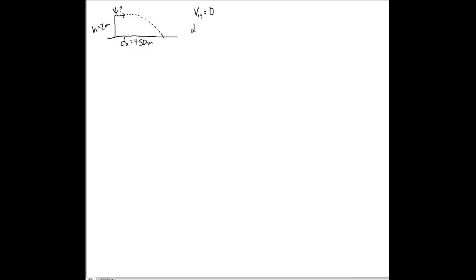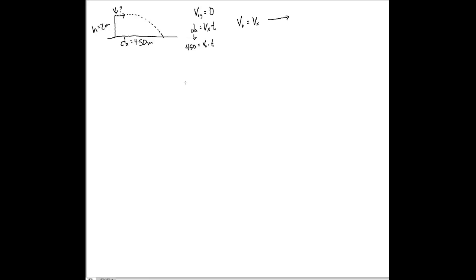So dx equals Vx times time. In this case, I only have a Vx because V naught, in a sense, is Vx because I'm firing horizontally. So dx is 450, but I don't know Vx, which I'm going to call V naught because that's what we're looking for, and I don't know time.